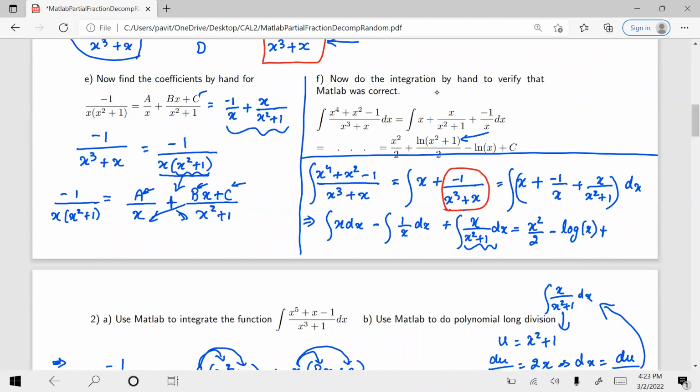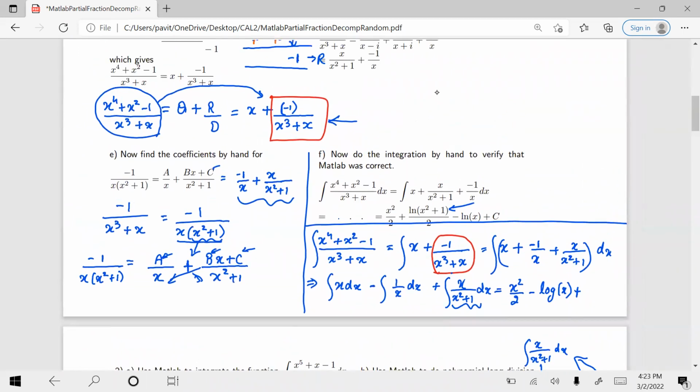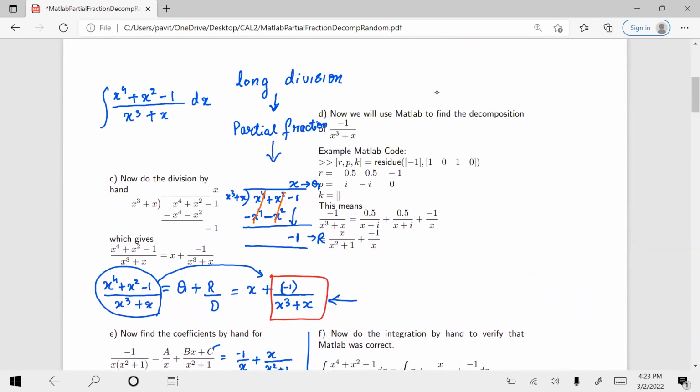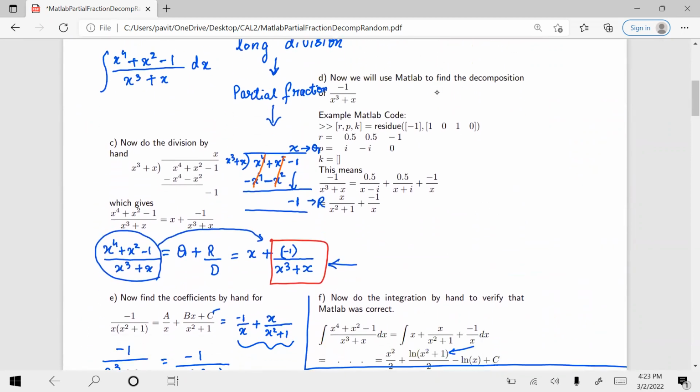I know that it's too lengthy and you can do this using MATLAB in just 3 lines of code. Now, for example, let's say that you have a very lengthy polynomial as a numerator and denominator, and you cannot apply long division by hand.